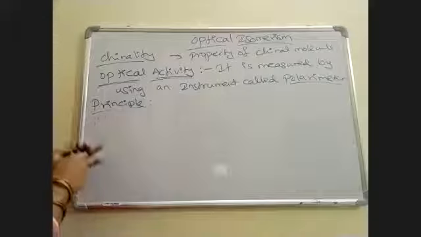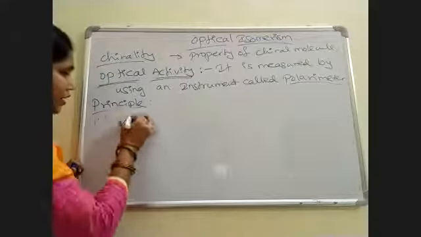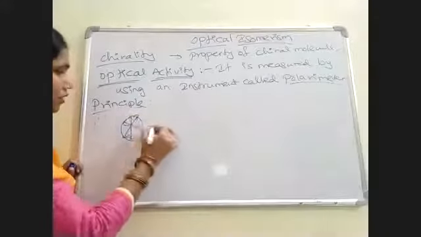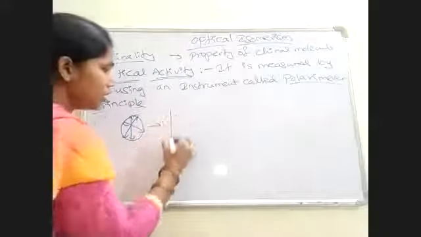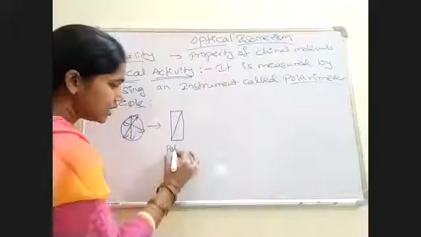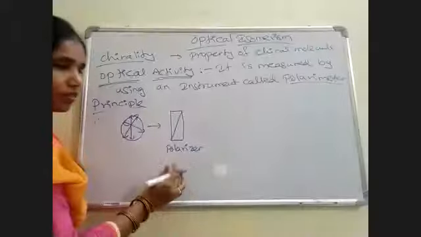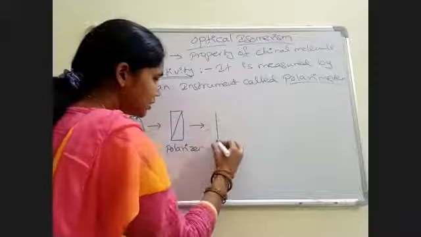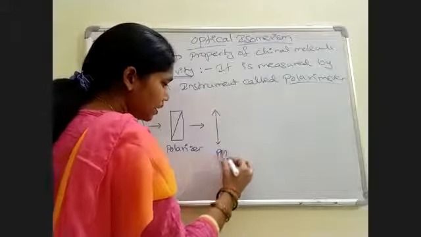So let us study. When ordinary light passes through a Nicol prism, that is the polarizer, it converts the ordinary light into plane polarized light.